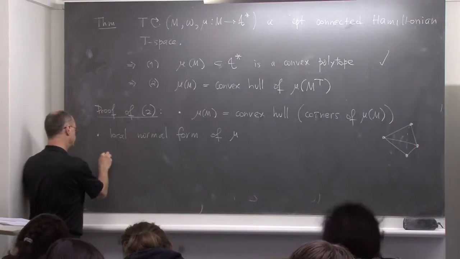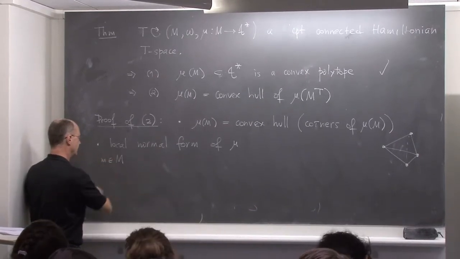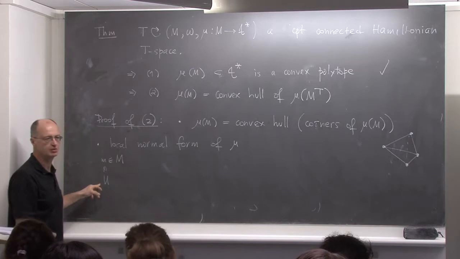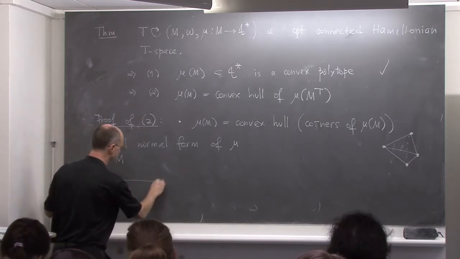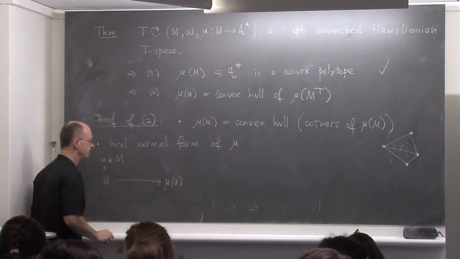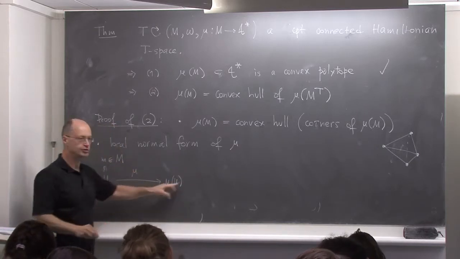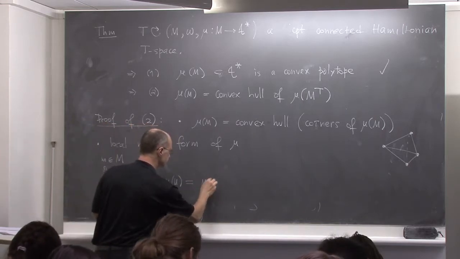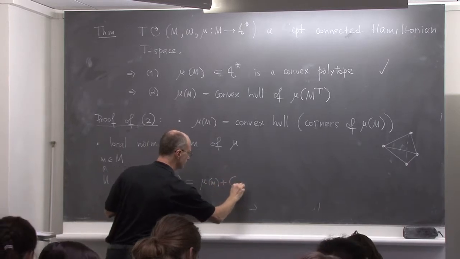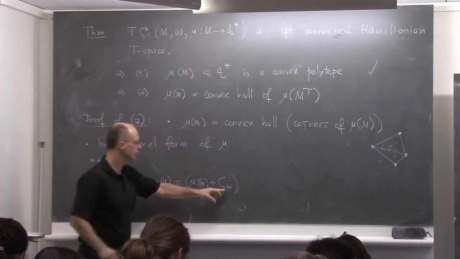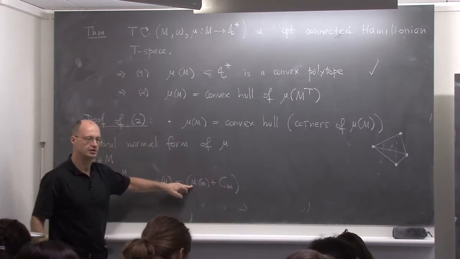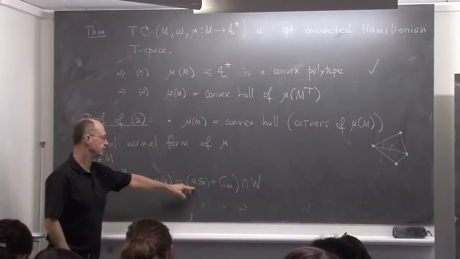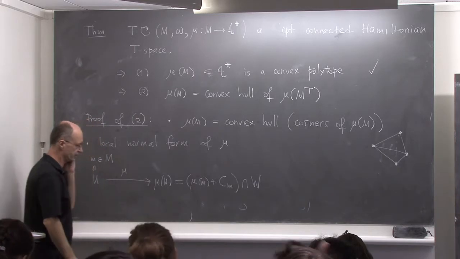So if we have a point m in M, and we consider some open neighborhood of this point, then we know that the image of this open neighborhood can be represented as some polyhedral cone shifted by mu of m, intersected with some open neighborhood of mu of m, right? So that's how it looks.